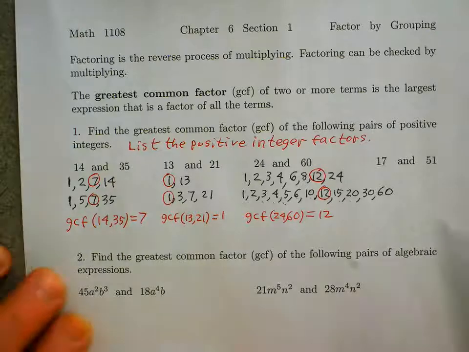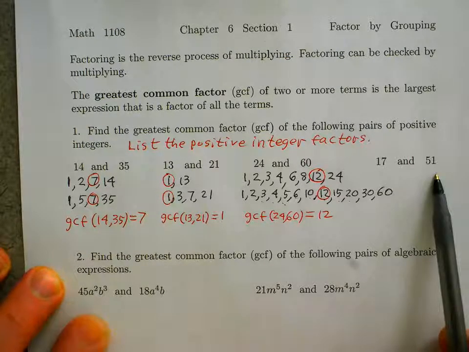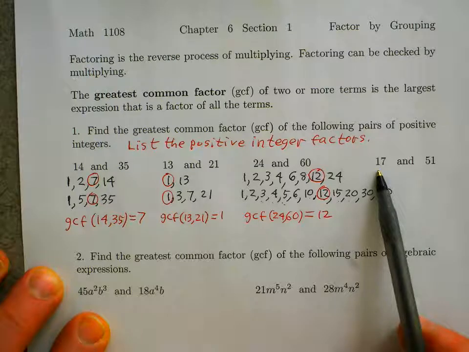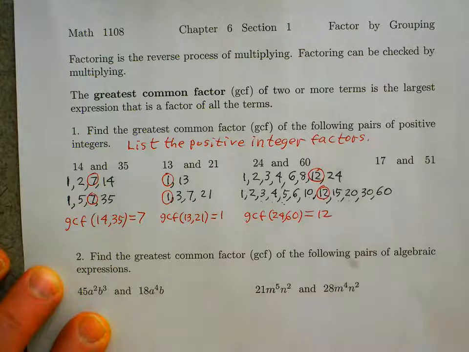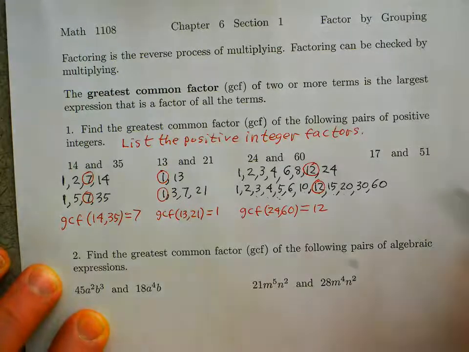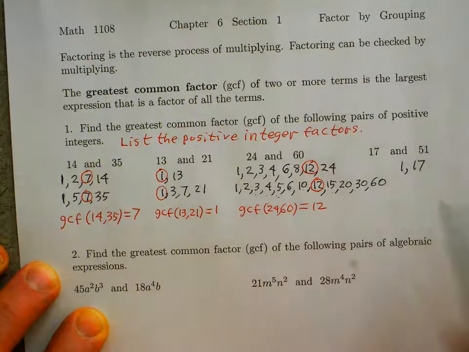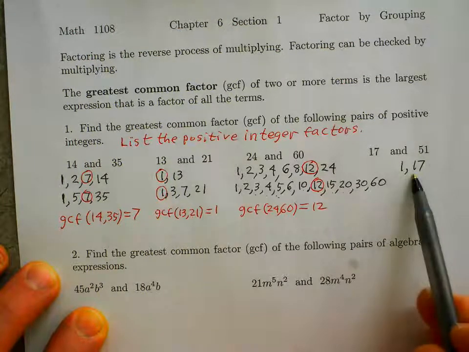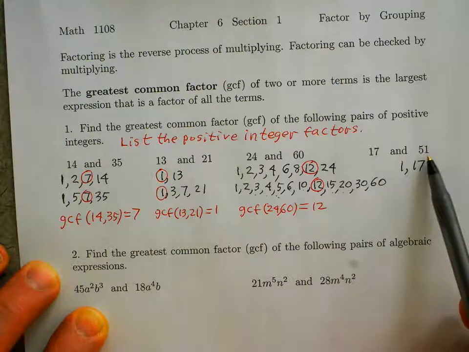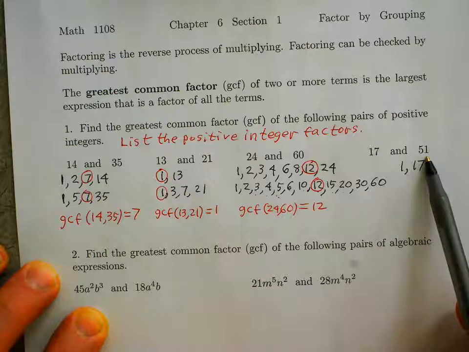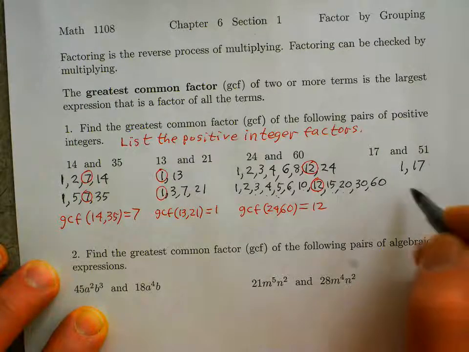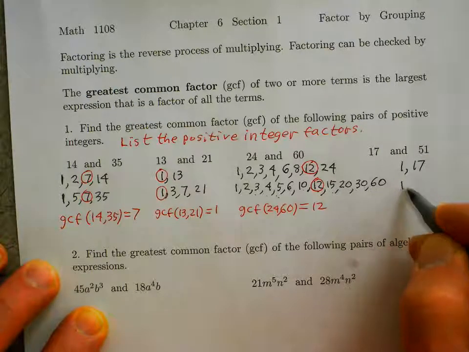Okay, so for 17 and 51, what are the integer factors of 17? 1 and 17. 17 is another prime number, so it only has two positive integer factors. And the positive integer factors of 51, well, I know 1 and 51.